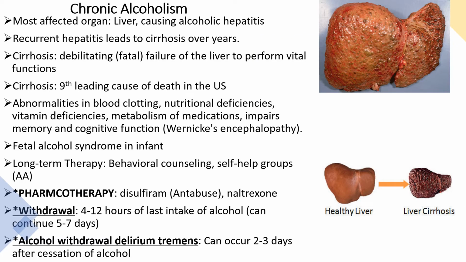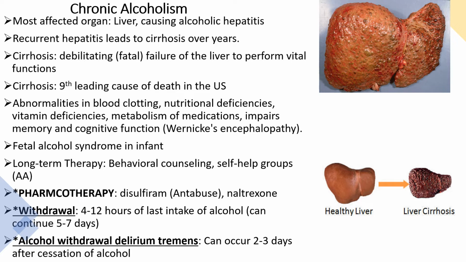Okay, so let's just talk a bit about alcoholism and its effects on the liver. So, with heavy consumption of alcohol, what happens is you get a hepatitis, which is really inflammation of the liver.